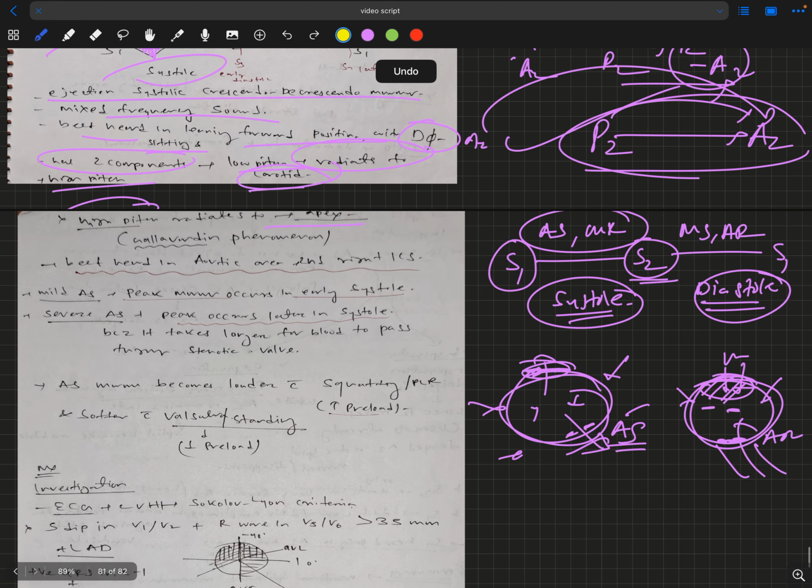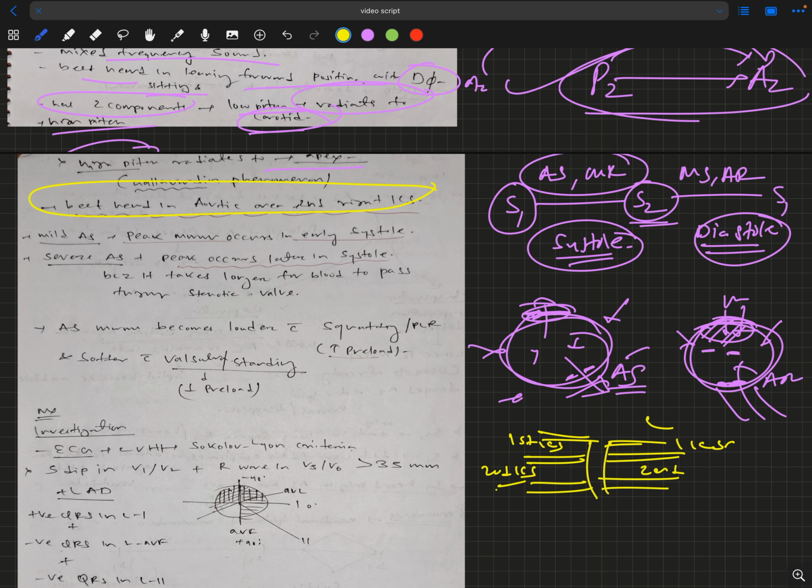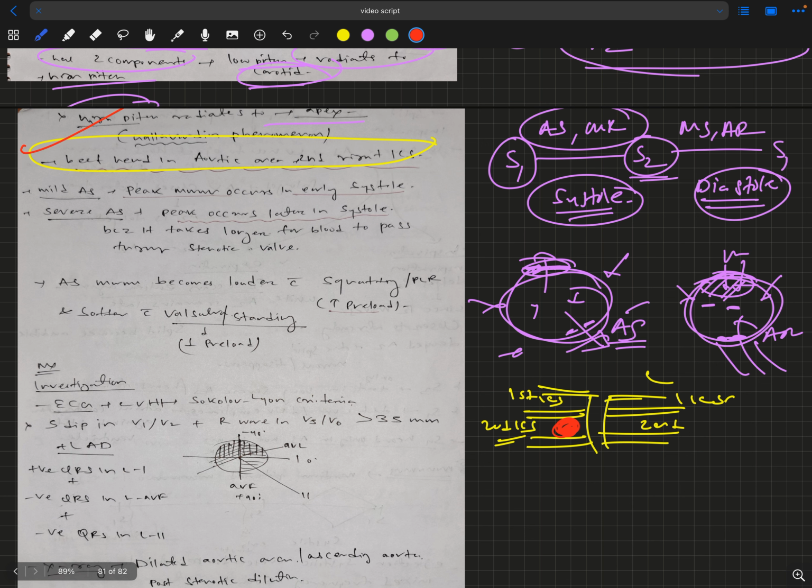So it is best heard in the aortic area or second right intercostal space. This is the first intercostal space. This is the second intercostal space. This is left. This is right. So this is best heard in the second right intercostal space, because the heart is like this.